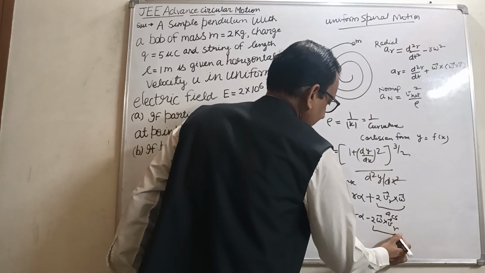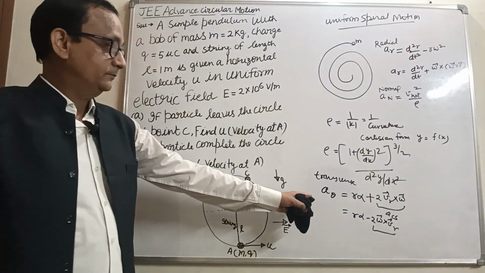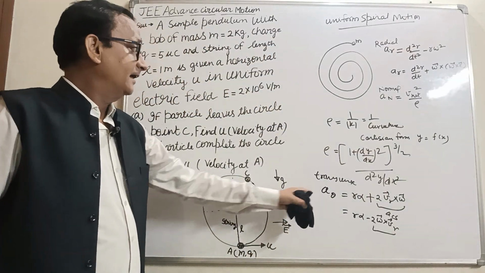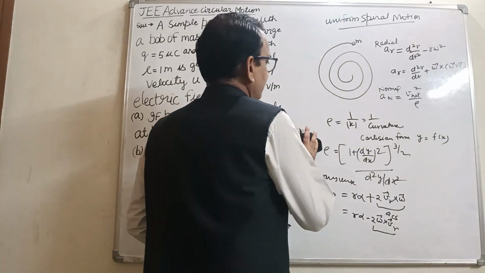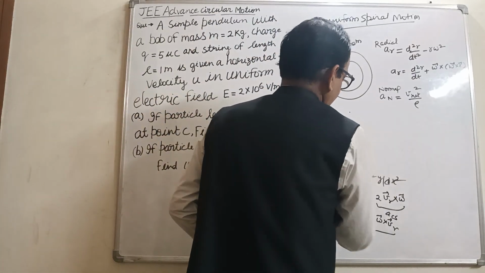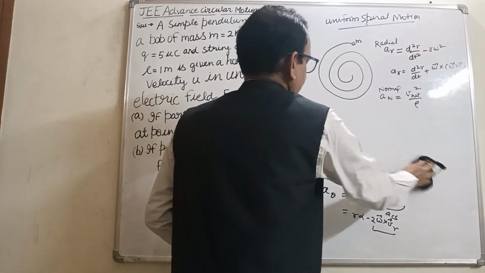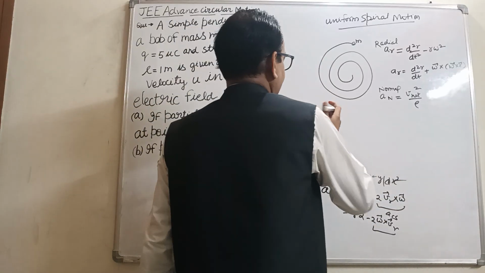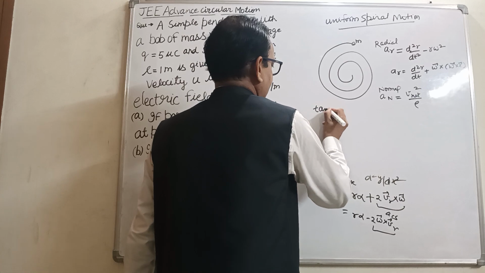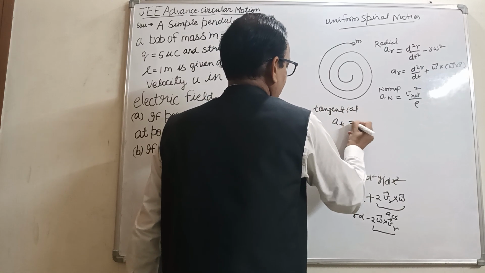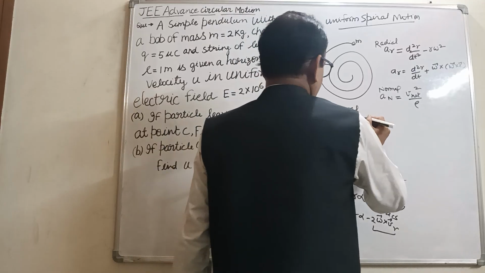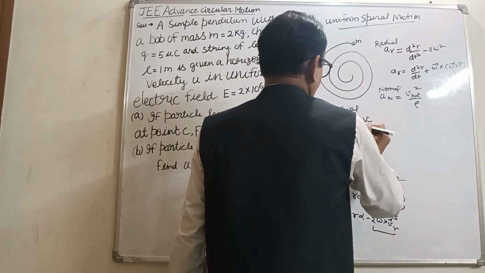This is Coriolis acceleration. So this is transverse acceleration, and what would be the tangential acceleration? So this is the tangential acceleration. Tangential acceleration would be V_r upon V_t.